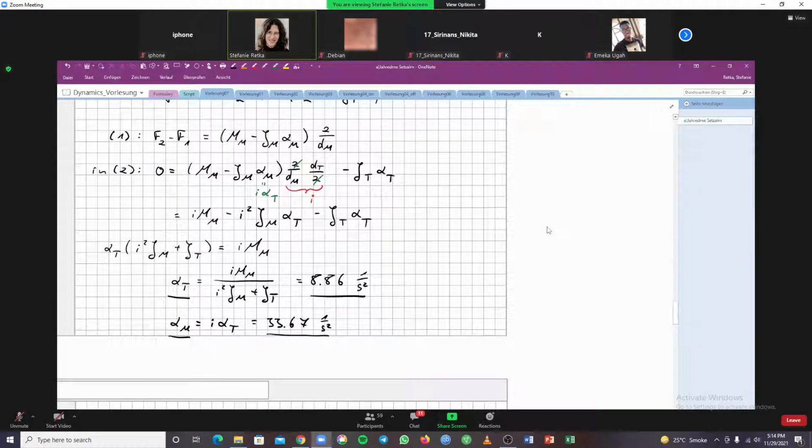Both accelerations are constant since the driving torque of the motor is constant, and we obtain specific values, so they have to be constant. And then we can integrate to obtain the angular velocity.